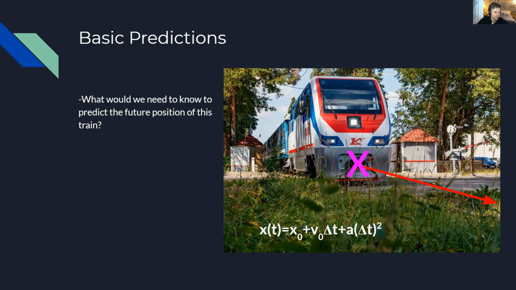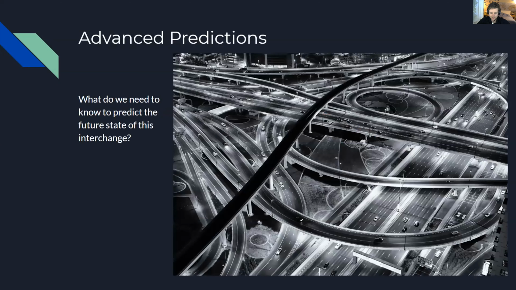And we're going to adapt these parameters for a more complicated scenario in a few minutes when we talk more about the atmosphere. But a little bit more complicated of a scenario, to continue with our theme of transportation, is what if we wanted to predict the future state of this interchange, where all the cars would be? Well, we need to know where they all are, where they're all moving, if they're speeding up or slowing down, how long they're going to be in this intersection.